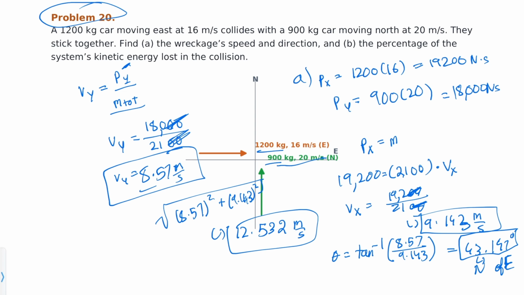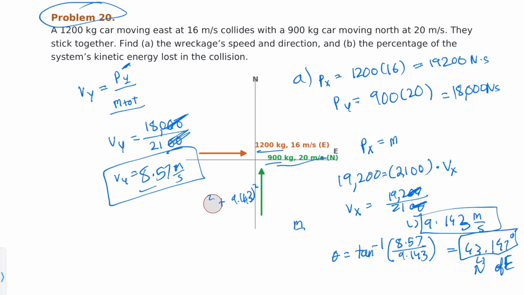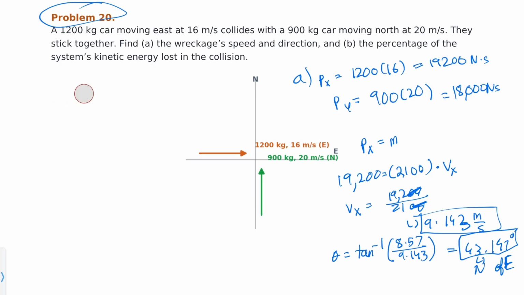What's part B here? The percentage of the system's kinetic energy lost in the collision, right? So let me actually move this stuff so I have more space here. For the initial kinetic energy, we have two parts, both this car and this car.